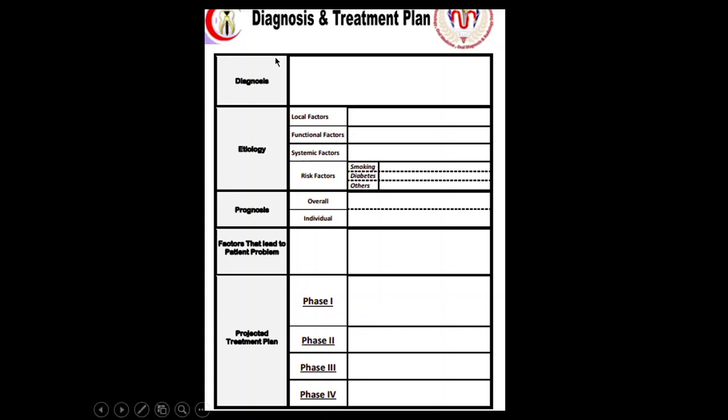If we have it in more than 30% of teeth, it is generalized. So we can have a localized gingivitis and localized periodontitis, and generalized gingivitis or a generalized periodontitis.